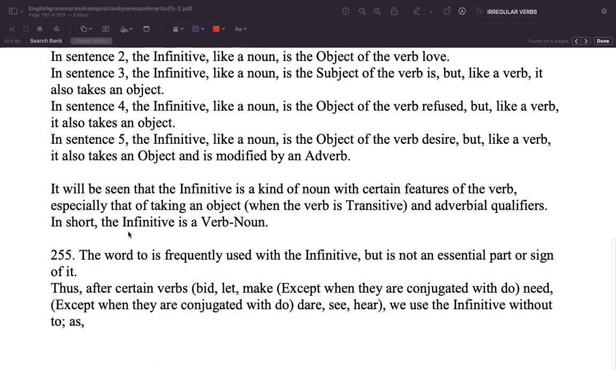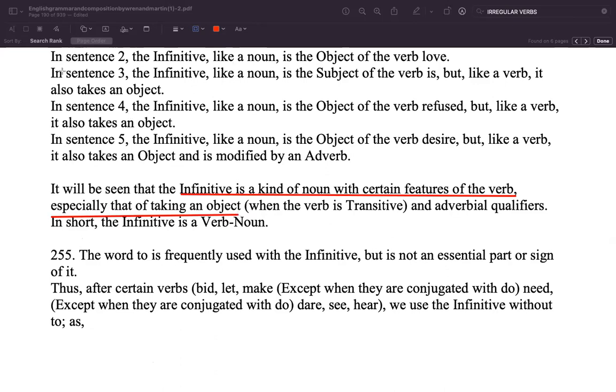Now, the next one. It is stated that it will be seen that the infinitive is a kind of noun with certain features of the verb, especially that of taking an object. So what is the job of the infinitive? Now it is being used as an object of the sentence. Sir, can you read sentence 3?